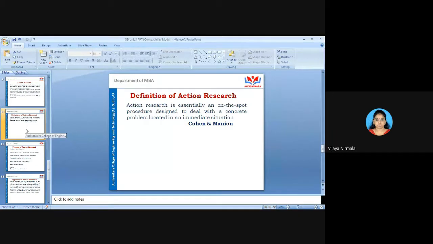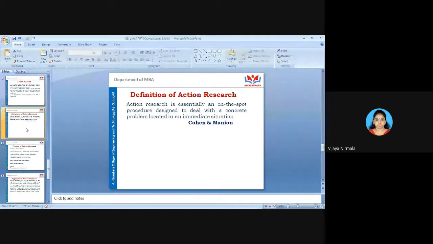According to Cohen and Mannion, action research is essentially an on-the-spot procedure, which is designed to deal with a concrete problem located in an immediate situation.